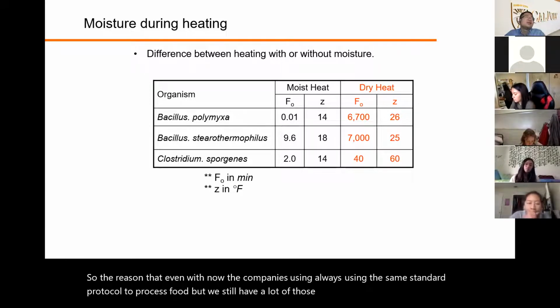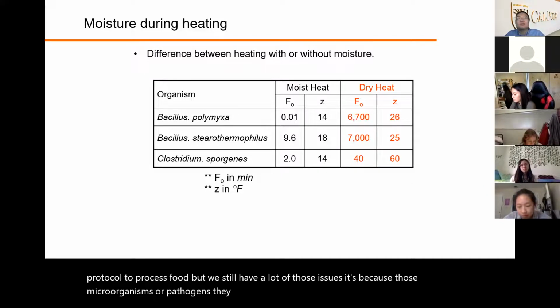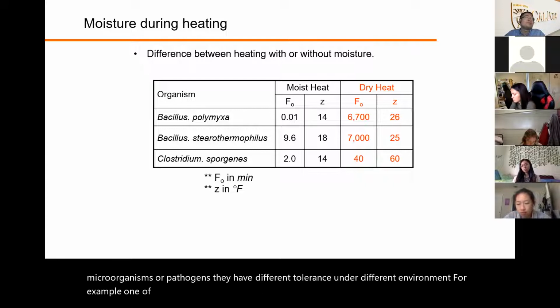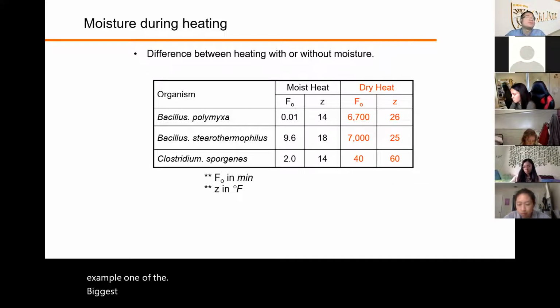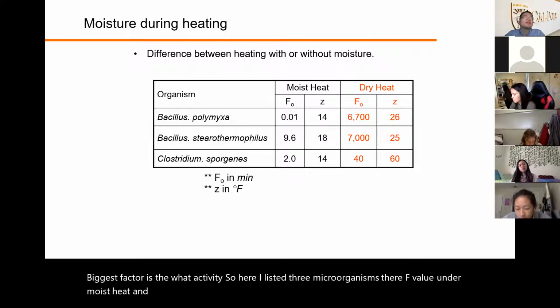It's because those microorganisms or pathogens have different tolerance under different environments. For example, one of the biggest factors is the water activity. So here I listed 3 microorganisms, their F value under moist heat and dry heat. Basically, you can understand it as high water activity and low water activity.